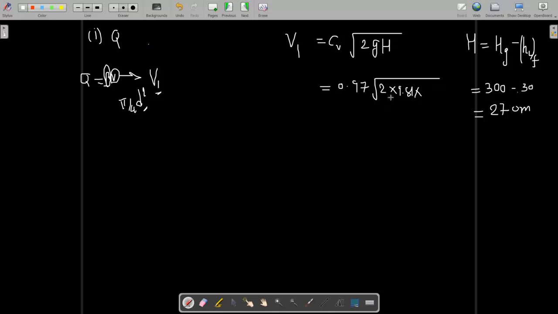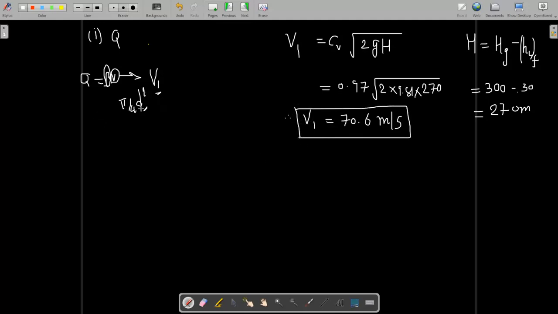So put this value here, 270 meter. When you solve this, you will find this velocity as 70.6 meter per second. So this is the absolute inlet velocity, V1.